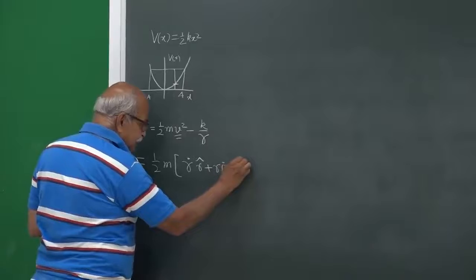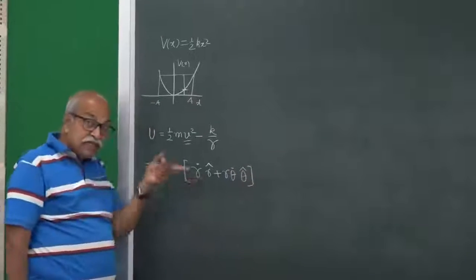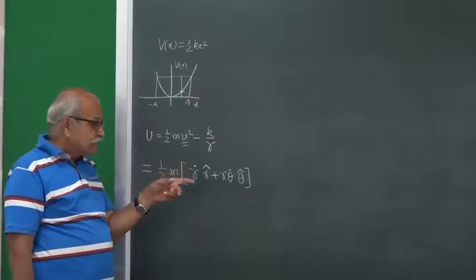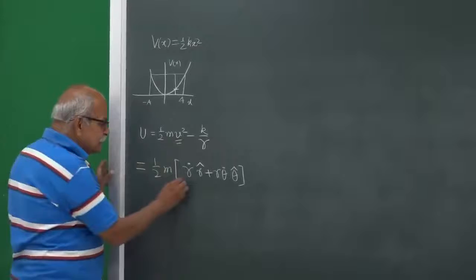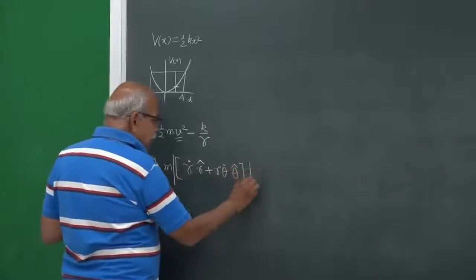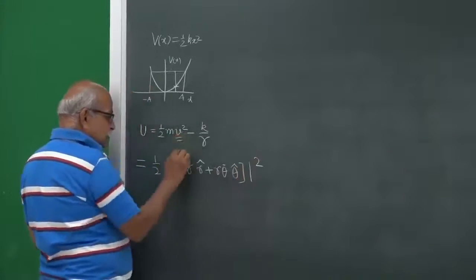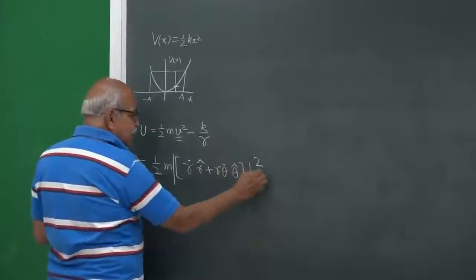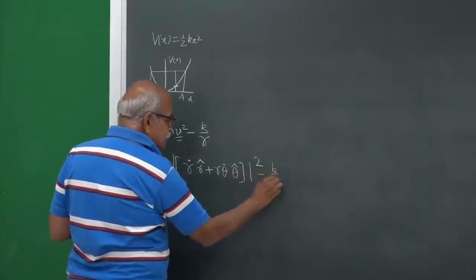This is the velocity vector. I had derived it in the previous lecture. The velocity vector v is given by this, and it is the magnitude of this whole square, that is v square, and minus k by r.